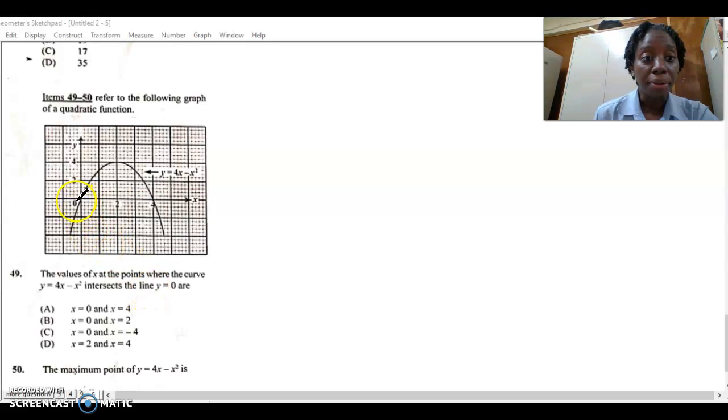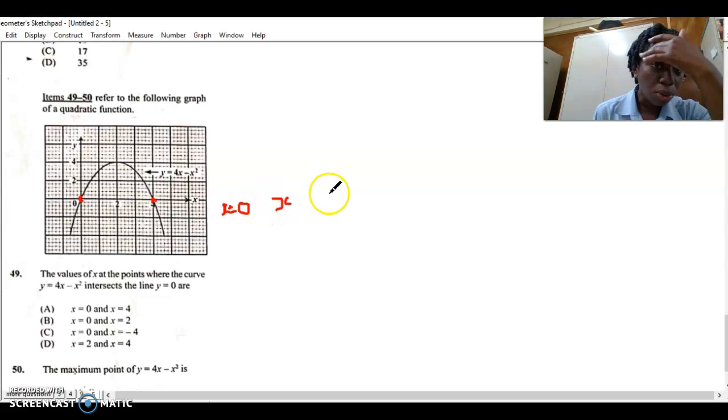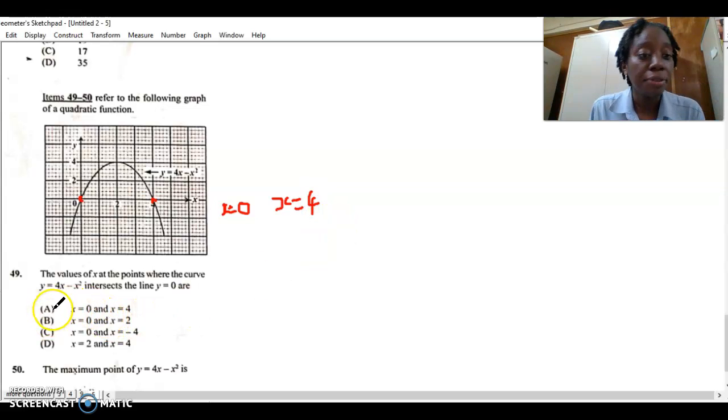So, if this is the curve and this is the x-axis, then the x-axis would cross at this point and at this point. So my values of x would simply be x is equal to 0, and x is equal to 4. Hooray! Alright, so therefore the answer is A.